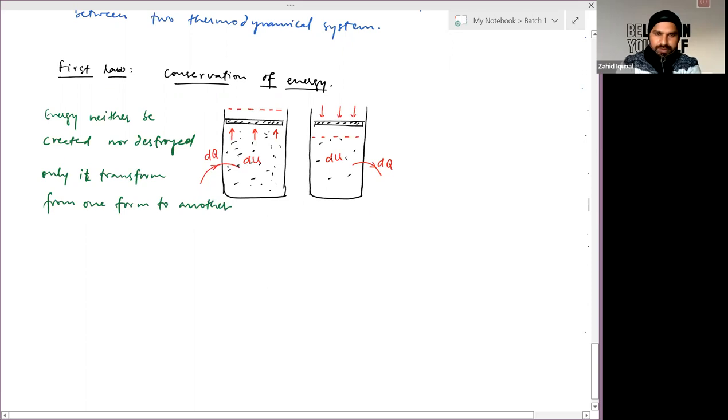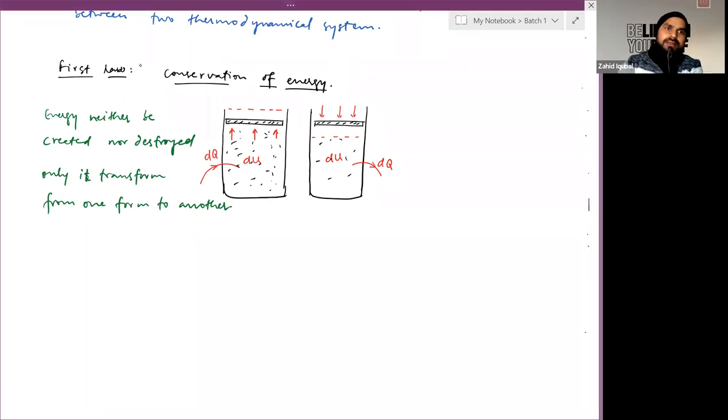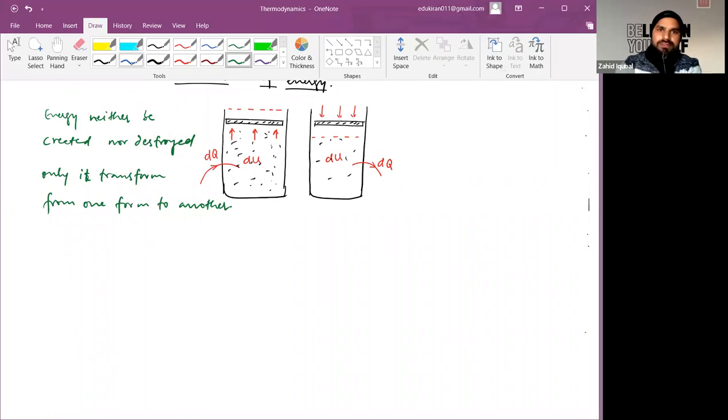So according to this, the amount of heat supplied or ejected from this particular system may be utilized in two different processes. First, to change its internal energy, and second, to do some useful work.